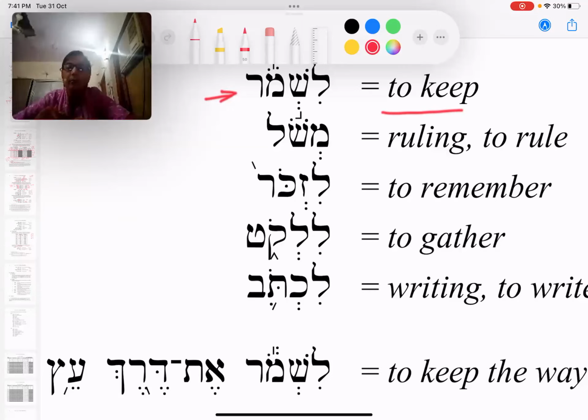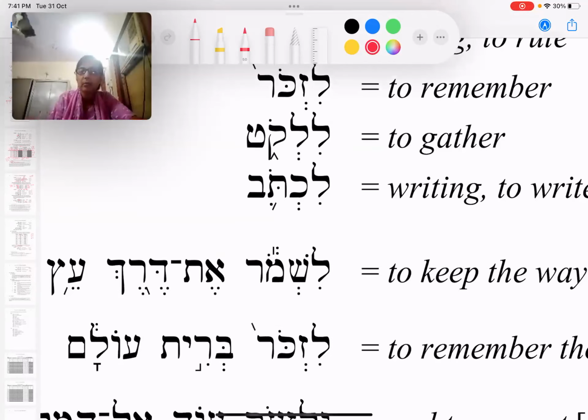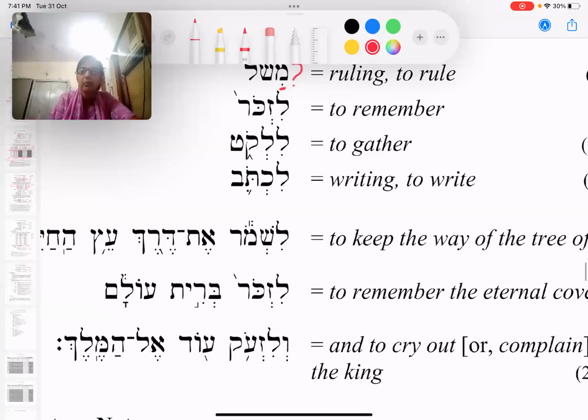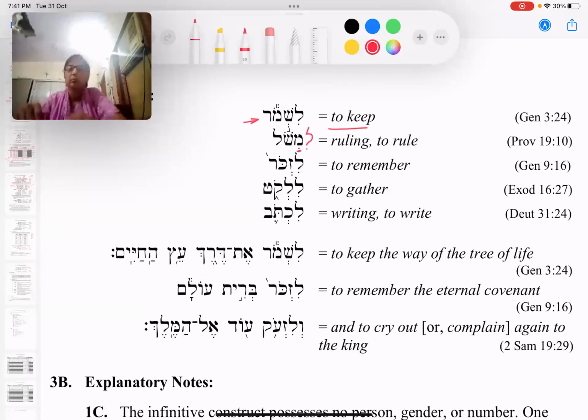Similarly here also, it may not be given, but it is limshol. Limshol means to rule. Liskor, to remember. Lilkot, to gather. Then likhtov means to write. So this inseparable preposition lamed is used as an infinitive construct in biblical Hebrew.